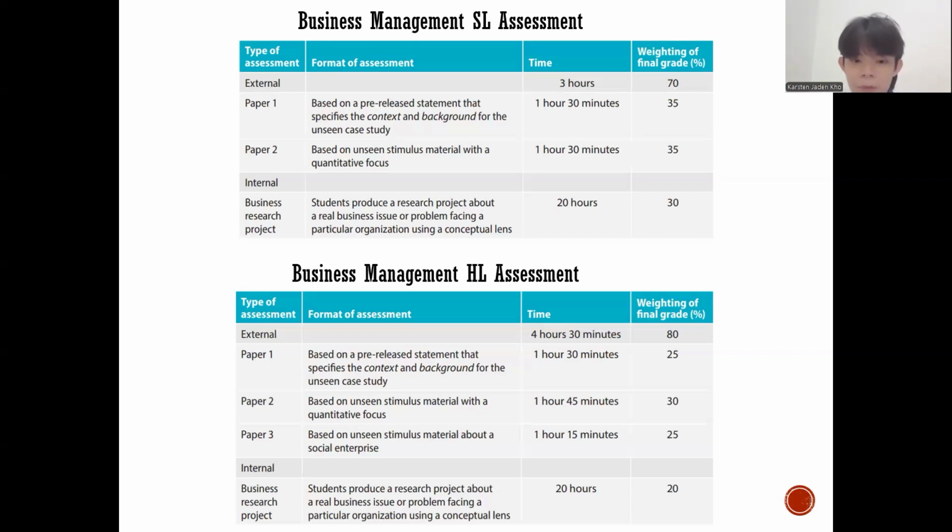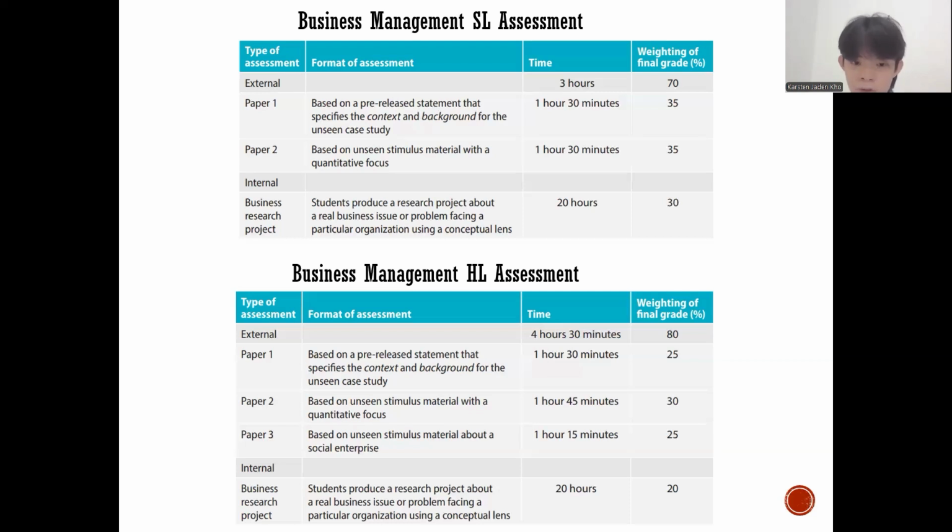Paper 3 focuses on social enterprise, and is worth 25%. In paper 3, students will be expected to analyze business strategies in a social enterprise context, where the duration of the task is 1 hour and 15 minutes.